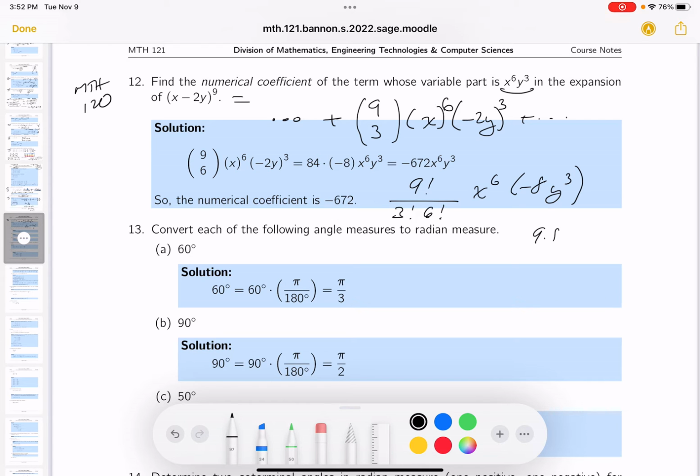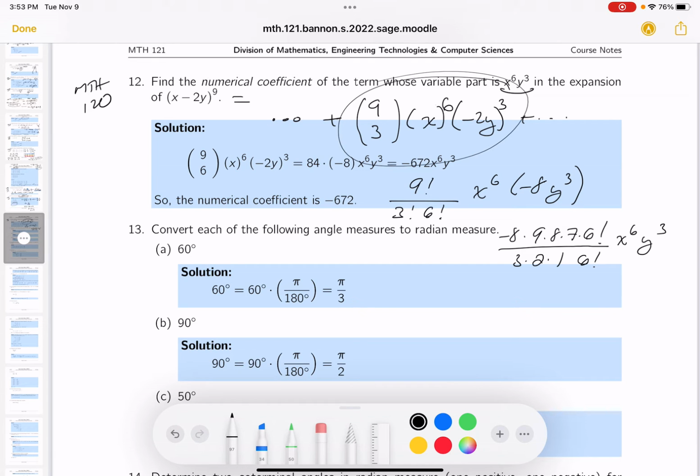9 times 8 times 7 times 6 factorial. I'm going to put the minus 8 in the beginning now. I'm just doing the number part. And at the bottom, what do you get? Well, you get 6 factorial, and 3 factorial is 3 times 2 times 1. And then x^6 y^3. Again, I'm just computing this term over here.